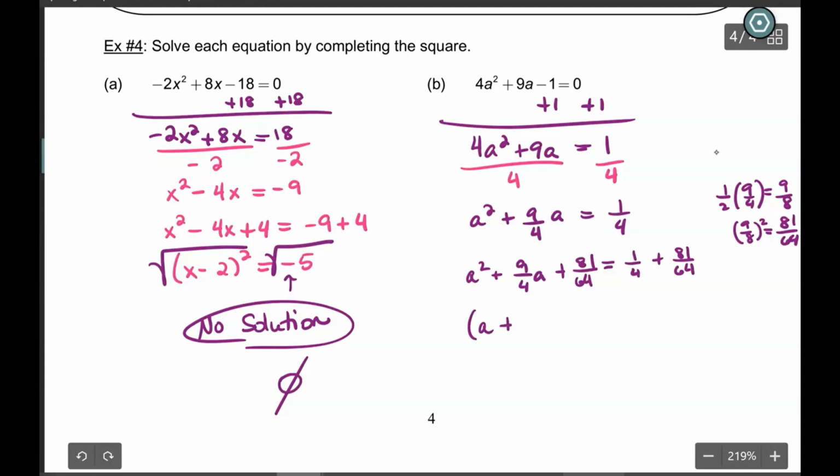So here, remember it's always going to be this step here, so a plus 9/8, that's half of 9/4, squared. On your calculators, do 1/4 plus 81/64. We get 97 over 64. Take the square root.